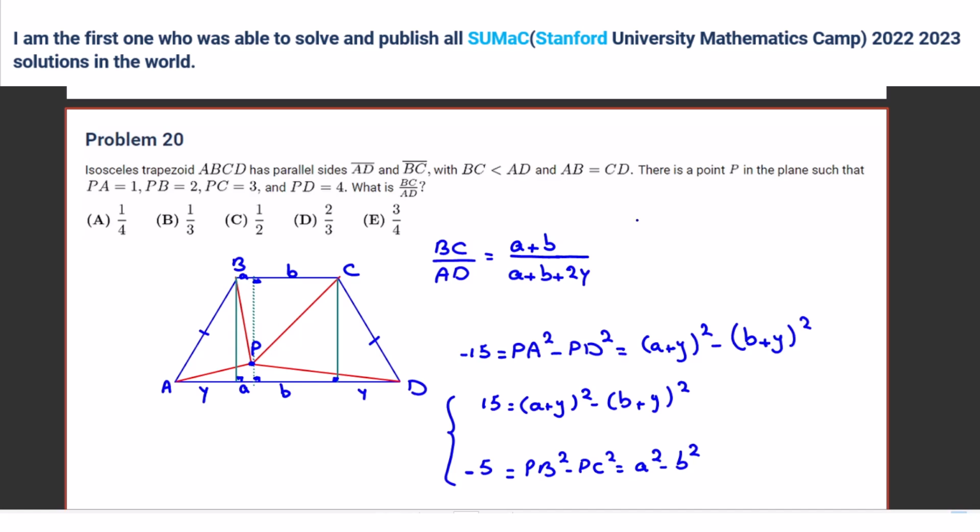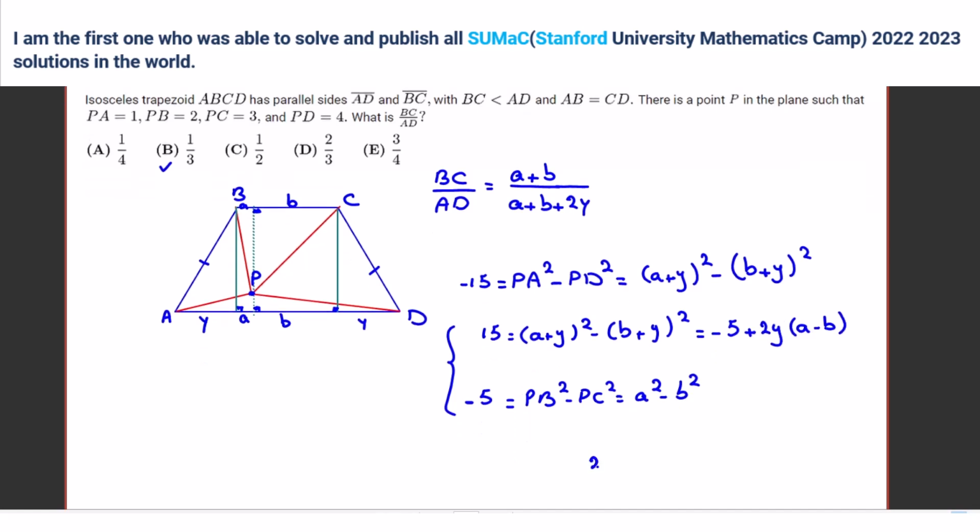Okay, let's check. From here, we can use that a squared minus b squared is negative 5, right? y squared will cancel each other out, plus 2y times (a minus b), right? So 2y times (a minus b) is what? It's 20, so y times (a minus b) is 10, right?